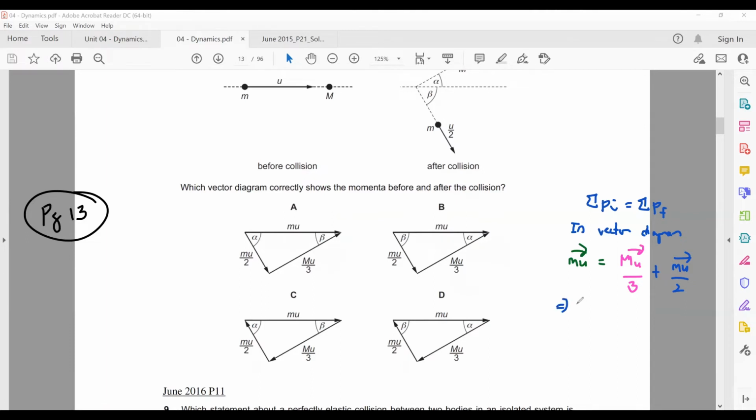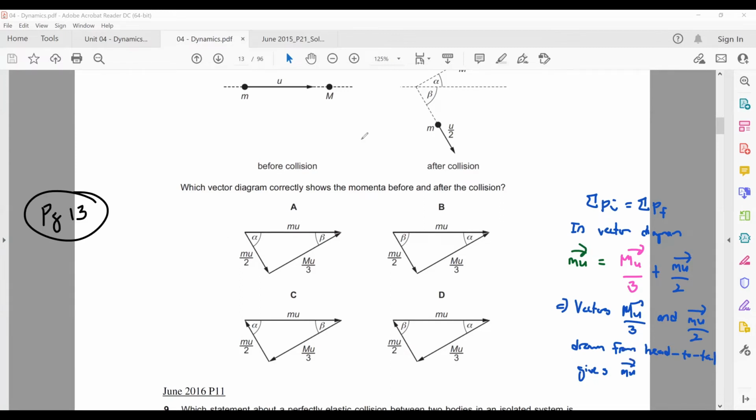Basically, this one is just telling me vectors big M u over 3 and mu over 2, drawn from head to tail, gives mu.